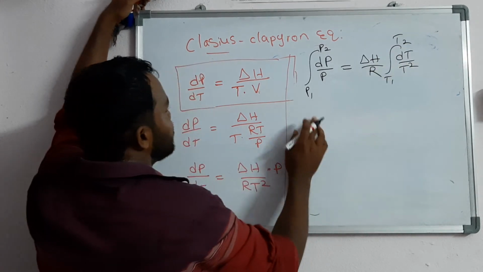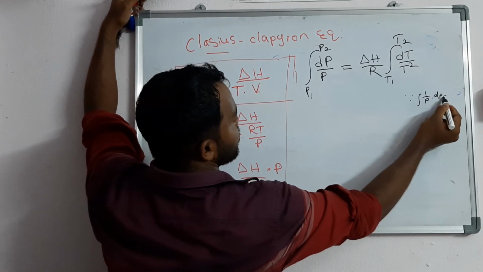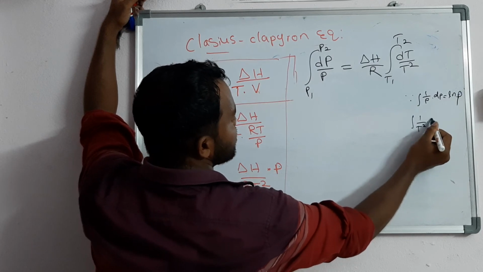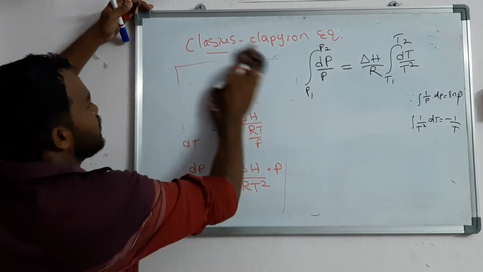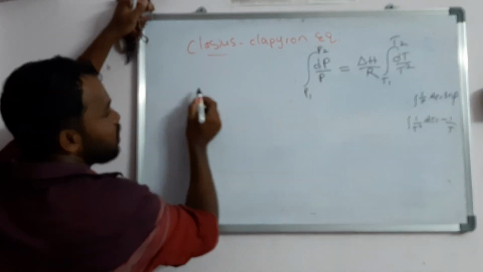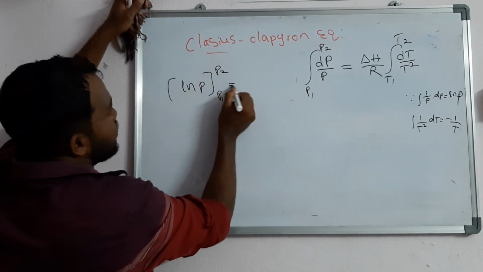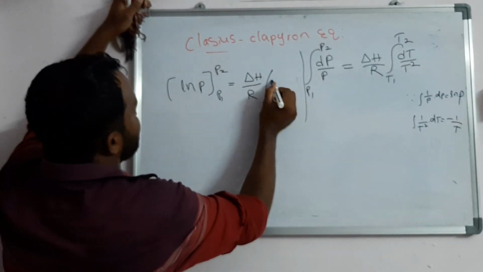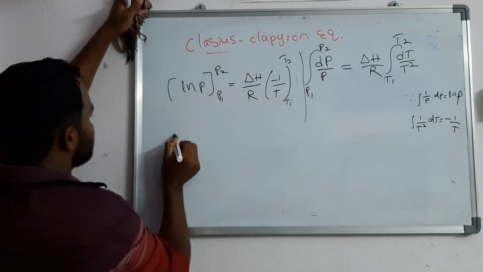The integration of 1 by P into dP is ln P. Similarly, the integration of 1 by T square into dT is minus 1 by T. Now I substitute the limits: ln P at limits P1 to P2, and delta H by R into minus 1 by T at limits T1 to T2. Now apply upper limit minus lower limit.